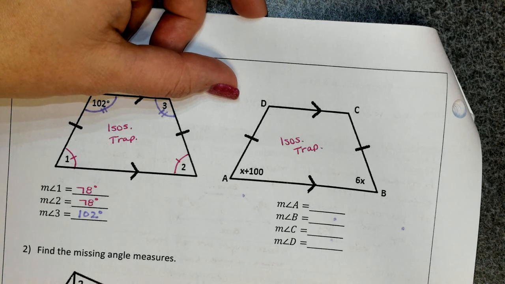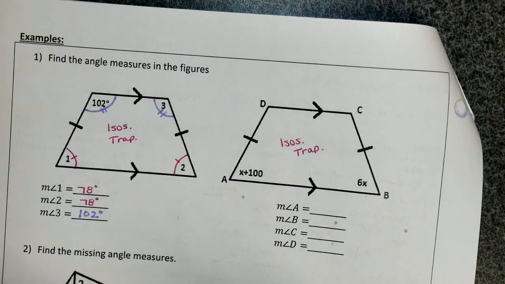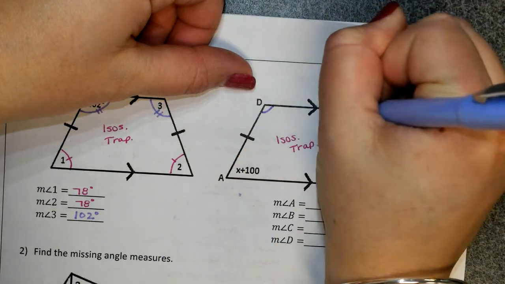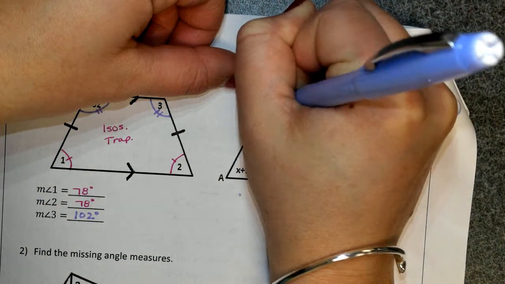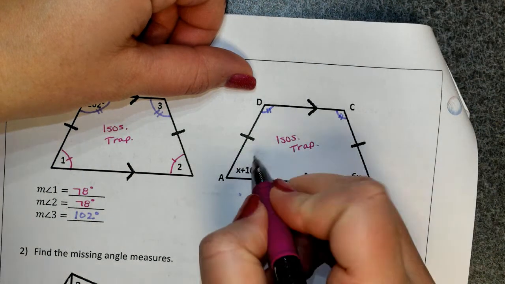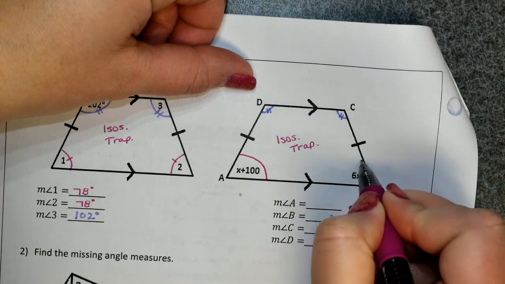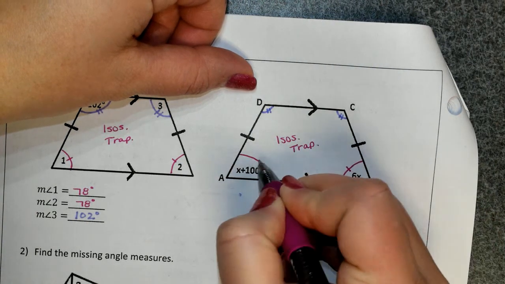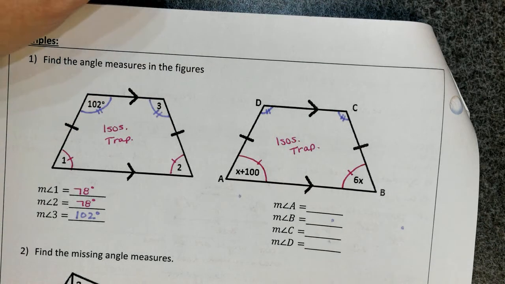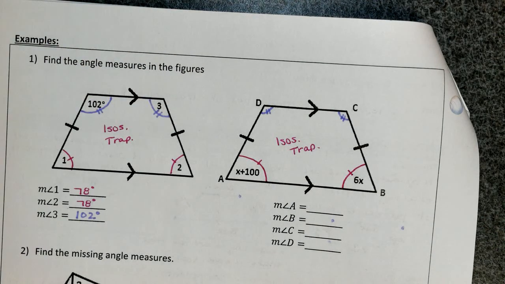The same thing I did on the other one. So these two top base angles, D and C, are going to be congruent. And I know that A and B are going to be congruent. Okay, well, cool, but I still don't know any of those angle measures. So what am I going to do here?